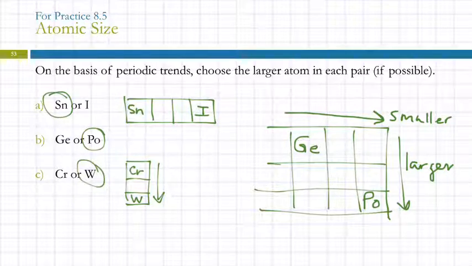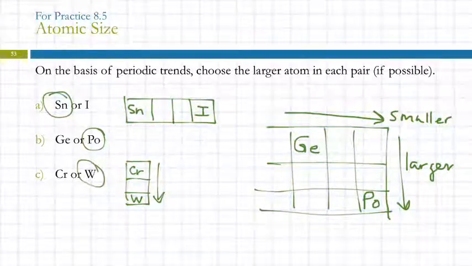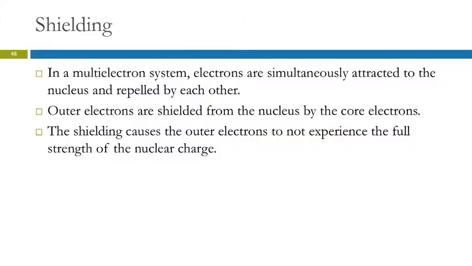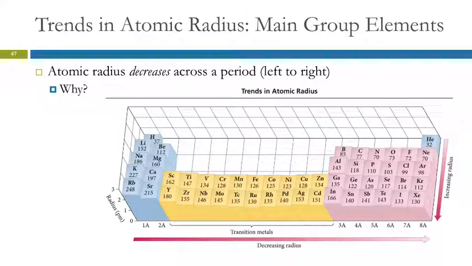Is there a possible way to figure that out? Well, you can go and look at the table, yeah. If we're looking at phosphorus versus iodine, going across things get smaller, going down things get bigger, and the going down trend is more important.